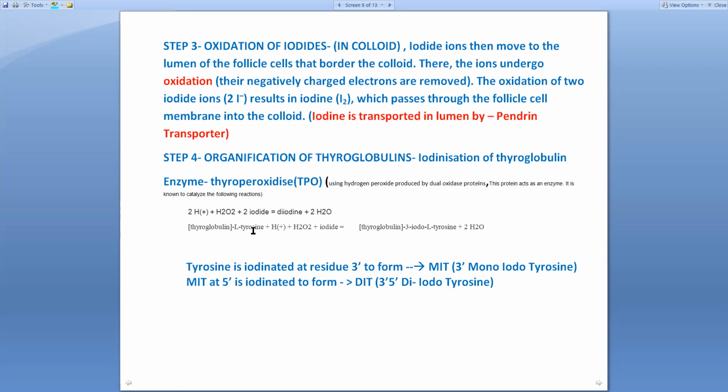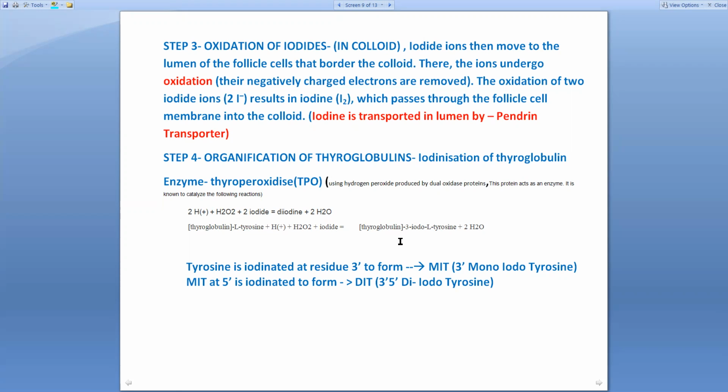The thyroglobulin L-tyrosine residue at the 3 position now reacts with hydrogen peroxide and iodide to form thyroglobulin 3-iodo-L-tyrosine. So one monoiodination has occurred.